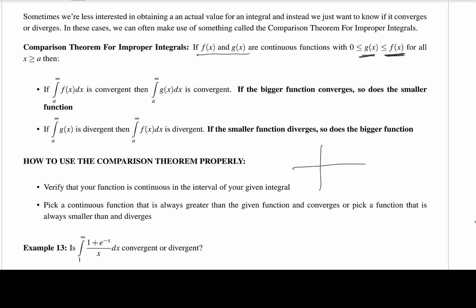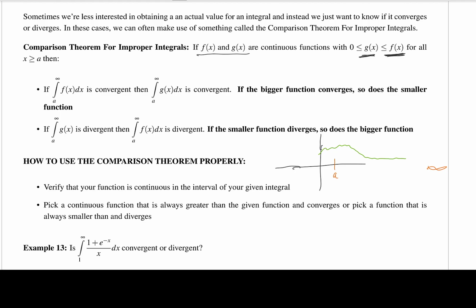Right, so if I have something, let's say that our f of x is green, and it looks something like this. And let's say that this area under the curve, this is our integral from a to infinity. Let's say that this area is represented by some number. It's not infinite.